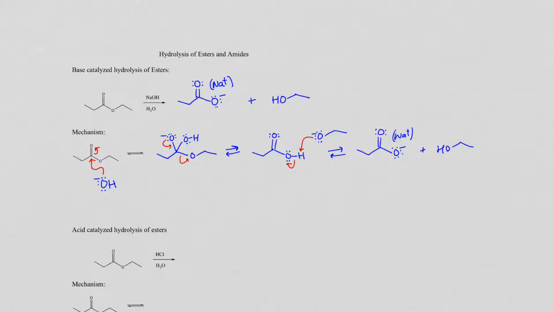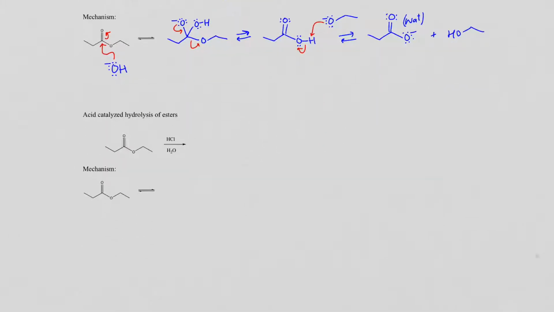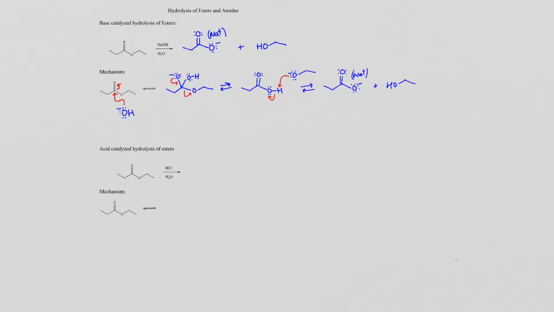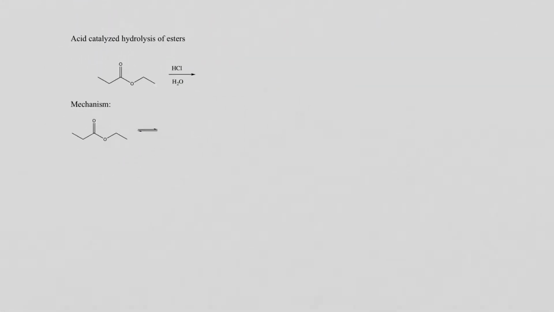So if you need to kind of watch the mechanism happen first and then write it down, or just anything that you need to do, it is long, so I will say that right off the bat. But since we have acid, I should point out really quick, our acid-catalyzed products, well, let's write those first.